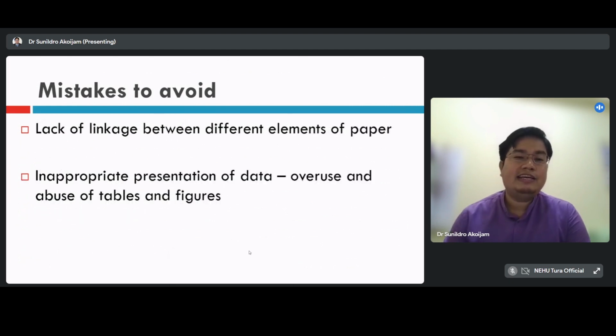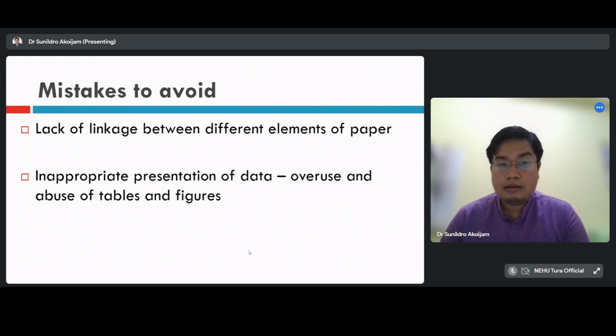Then lack of linkage between different elements of the paper. As we discussed earlier also, you may have so many pieces of information and so many data, but proper synchronization, proper linkage of different elements is very, very important. When we talk about the introduction and then the literature review, we discuss so many things on what to include in each element.